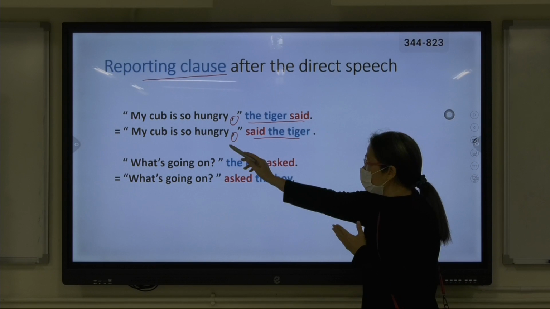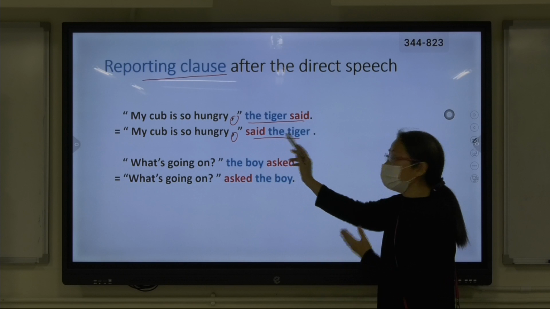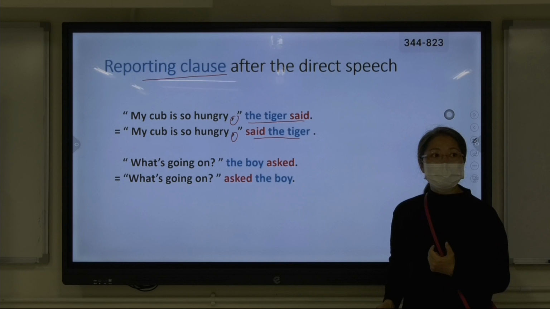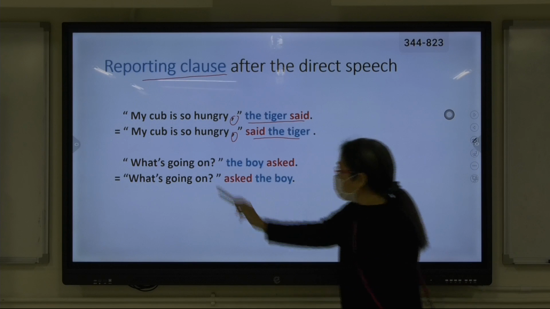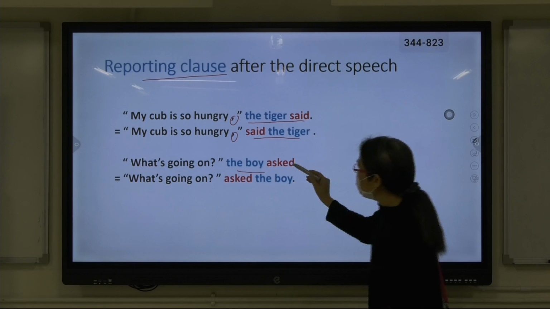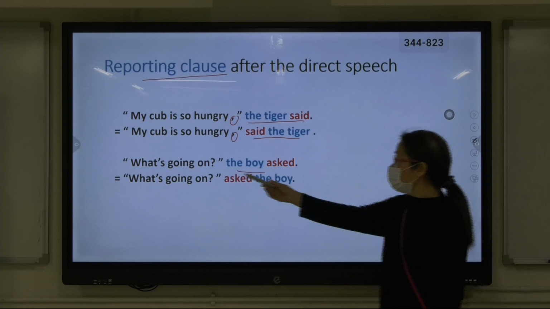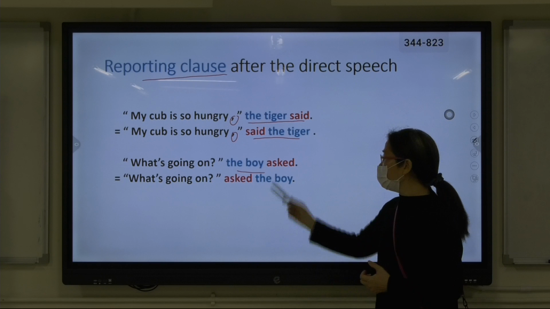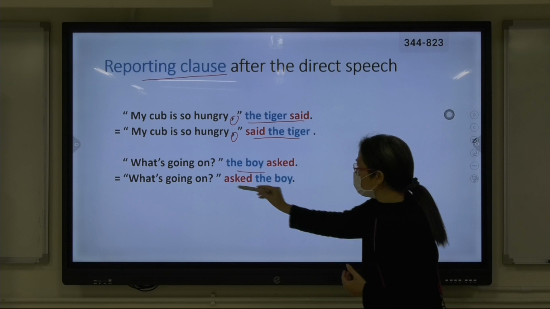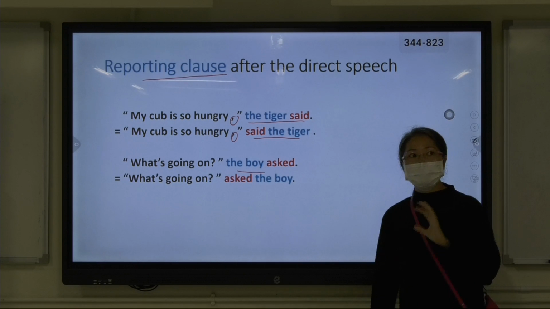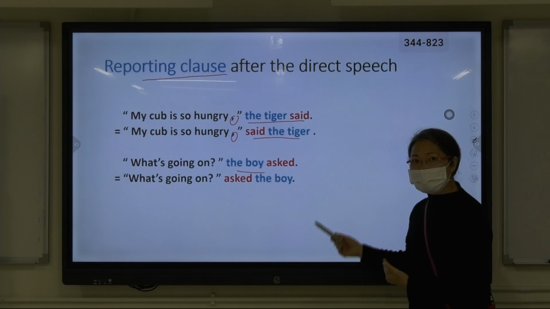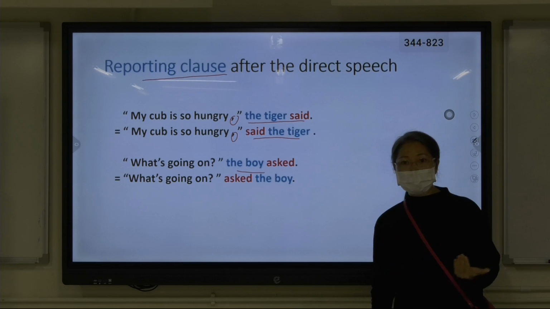And this one: "My cub is so hungry," said the tiger. They are the same. You can use either one. And for a question, you can change the order and they mean the same. For example, "What's going on?" the boy asked. And you can also write, asked the boy. Exactly the same. You can write in both ways.